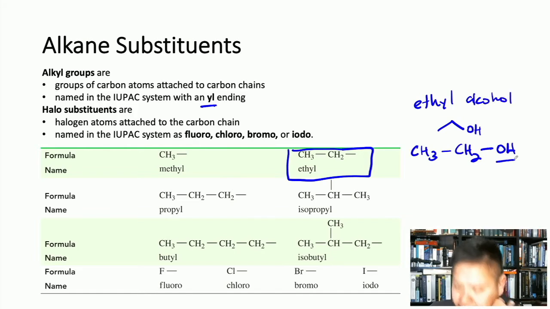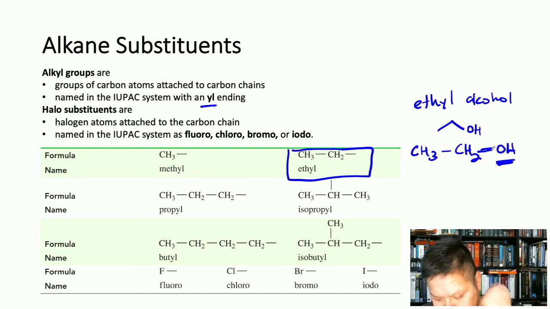Because this part here is called the alcohol. Yeah, in organic chemistry, OHs are considered alcohols, but in general chemistry, they're hydroxides. And the difference is that an alcohol is connected covalently to the carbon, whereas a hydroxide is an ion and is connected by an ionic bond to whatever, like a sodium.